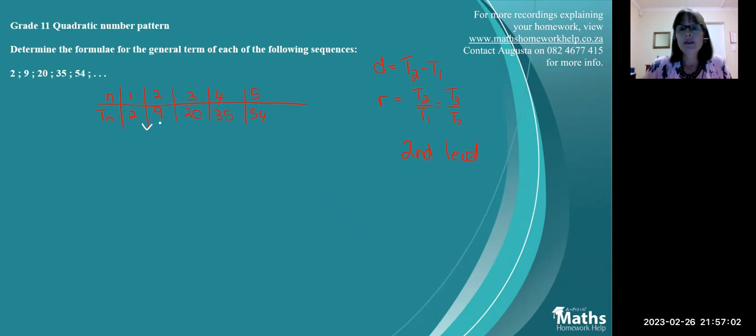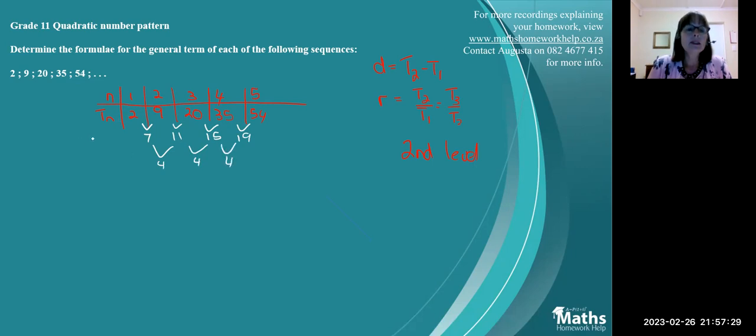If there are minuses, just grab your calculator. So 9 minus 2 is 7, then 20 minus 9 is 11, 35 minus 20 is 15, and 54 minus 35 is 19. If you look at the constant difference here, 11 minus 7 will give you 4 every single time.